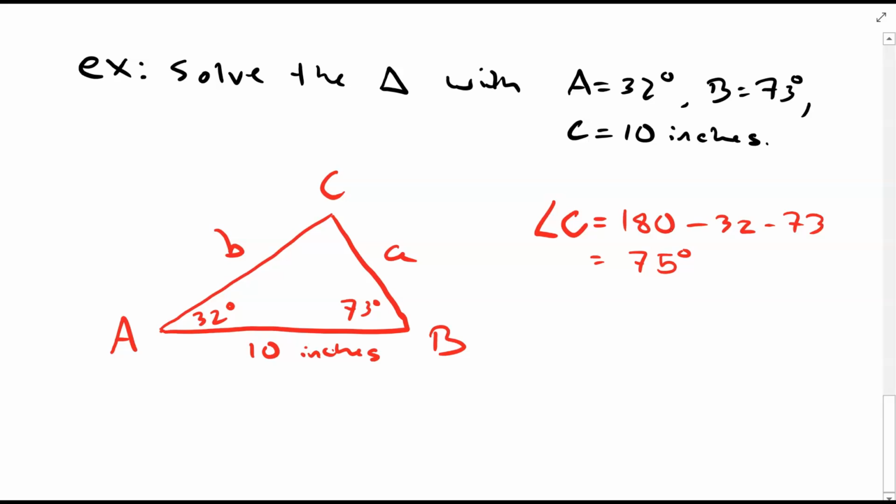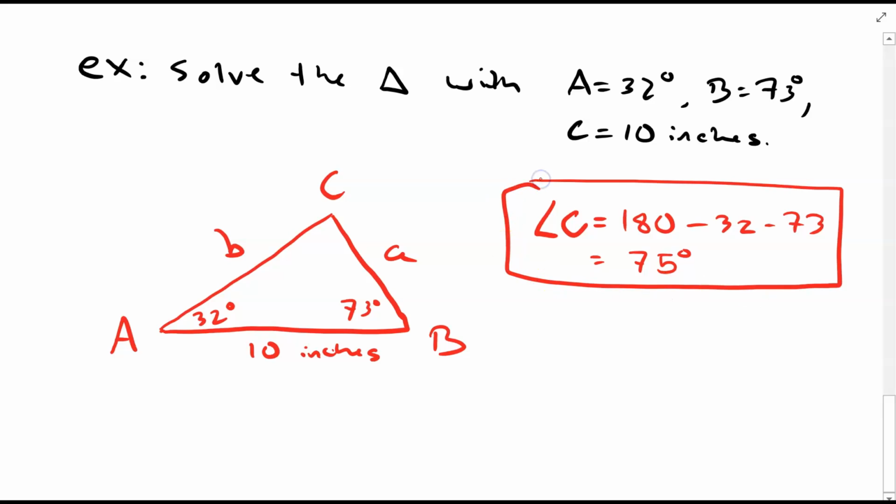So whenever you're given two angles, it's easy to find the third one, right? It's always going to be 180 minus the other two. Everybody's okay there? Okay. So that's one of the three things that we need for our answer.